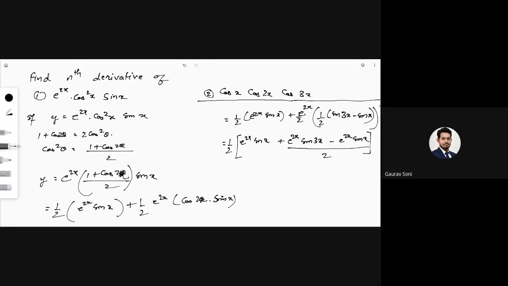The first and third term are e to the power 2x sine x, and the last one is also e to the power 2x sine x, and this is with 1 by 2. So I can manage this: e to the power 2x sine of 3x, plus, since 1 minus 1 by 2 is 1 by 2, 1 by 2 e to the power 2x sine x. Please check the calculation.